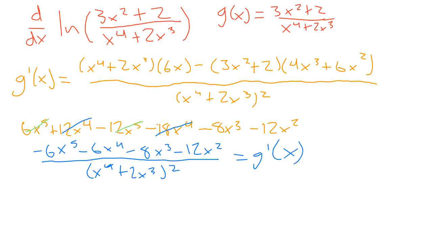All right, so now let's go ahead and move forward and actually put this together into our logarithmic rule. So once again, our problem was the natural log of 3x squared plus 2 over x to the 4th plus 2x cubed.